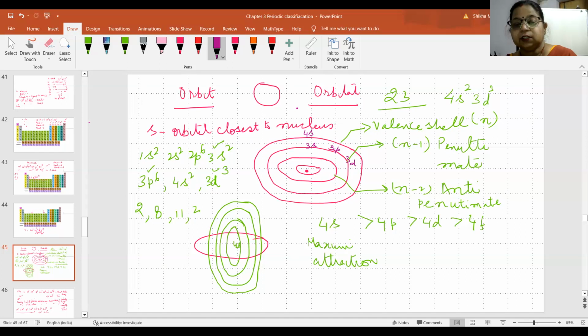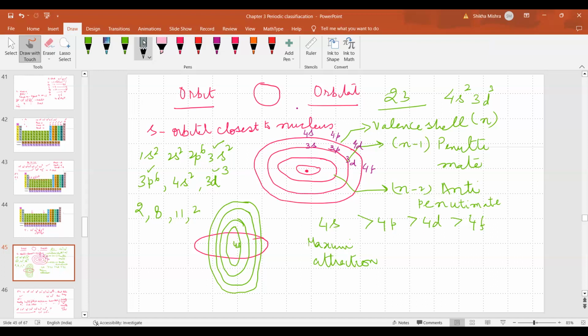Then we have 4s, 4p, 4d, and 4f, right? Please pay attention. Where is the last electron entering? Is it entering valence shell? 3d. Entering 3d. No, ma'am. It's entering the penultimate shell. It is entering the d orbital of the penultimate shell or penultimate orbit.